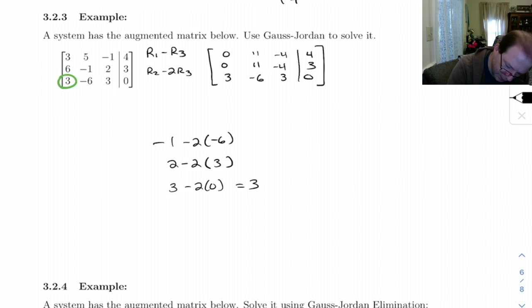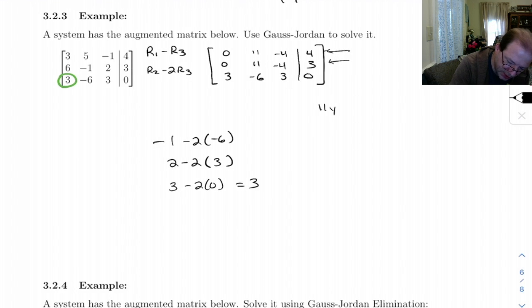So notice what we've got here. I'm not even going to finish putting this into Gauss-Jordan, into a reduced row echelon form. The reason is these two equations here, those are two parallel lines. What this says is, let's say our variables are x, y, and z.